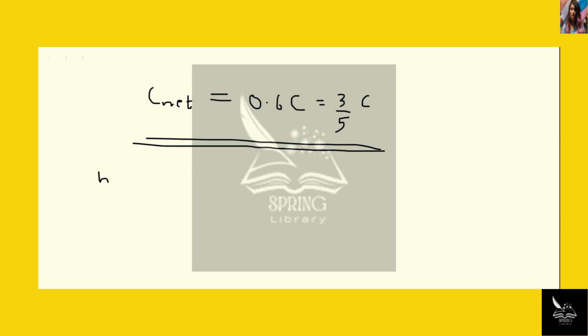Now, part B asks you to find out how much charge is deposited on each of the capacitors. As we know, C4, which is in series with all other three capacitances, should have the same charge as the other three capacitances combined. So C4 will have simply the C net times V of charge.